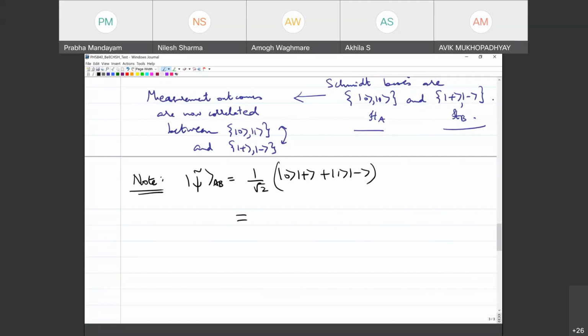One by 2, 00, 01, 10, minus 11. Very good. So you see now you have all possible basis states here.